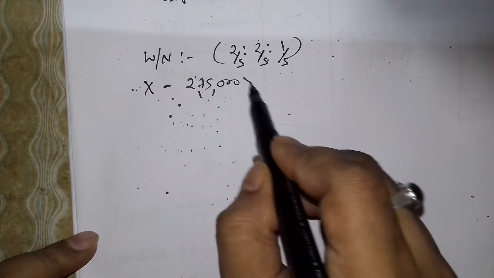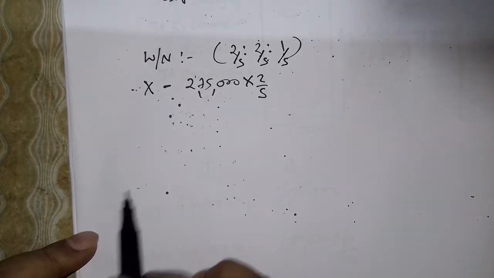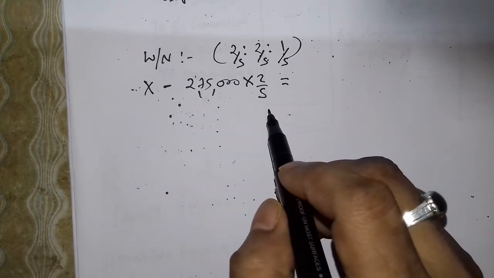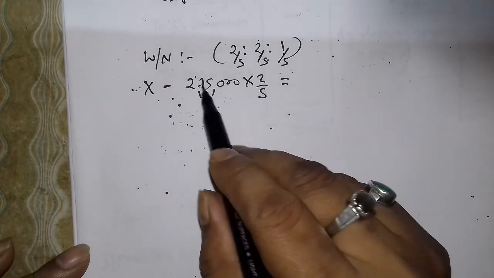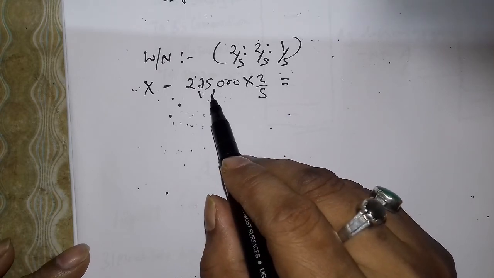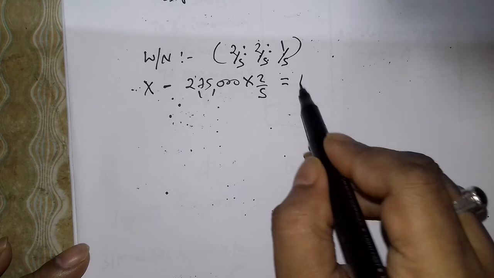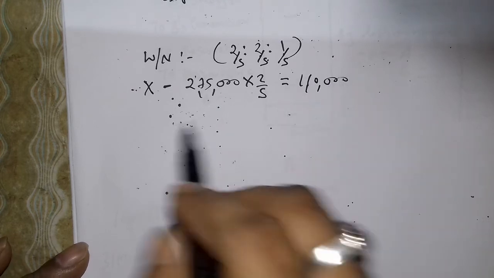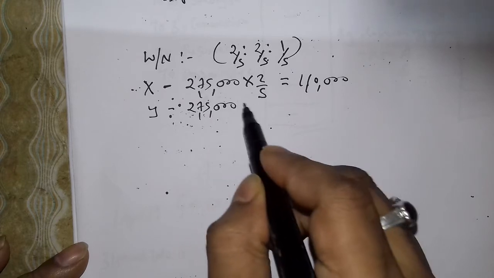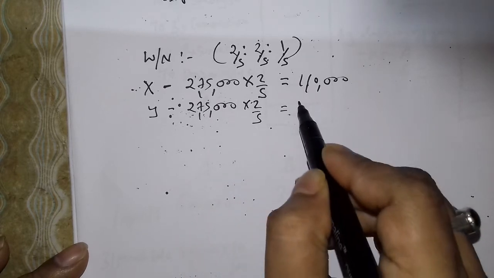So 2,75,000 into 2 by 5 will be around 1,10,000. So Y is 2,75,000 into 2 by 5, again the same 1,10,000.